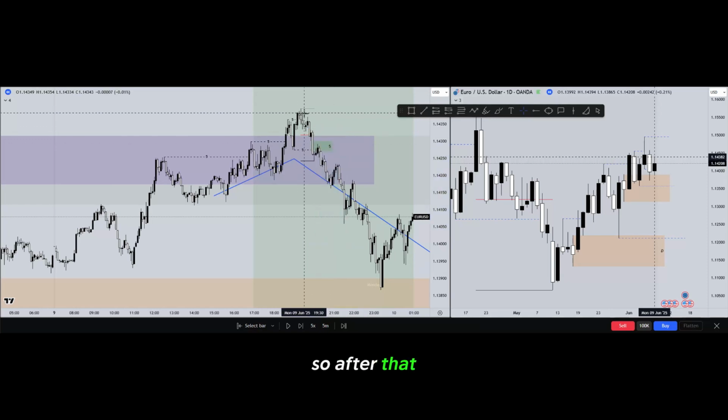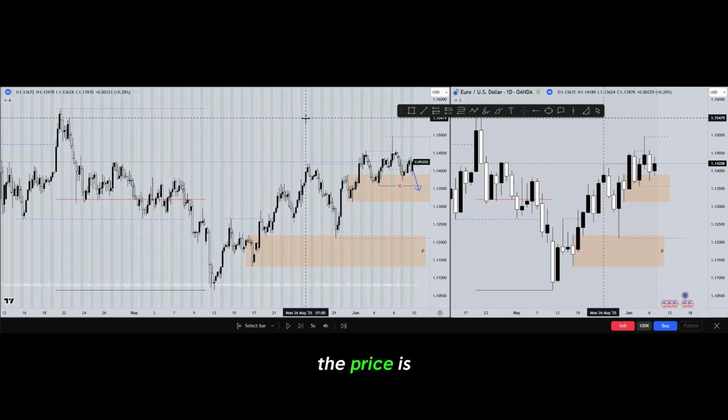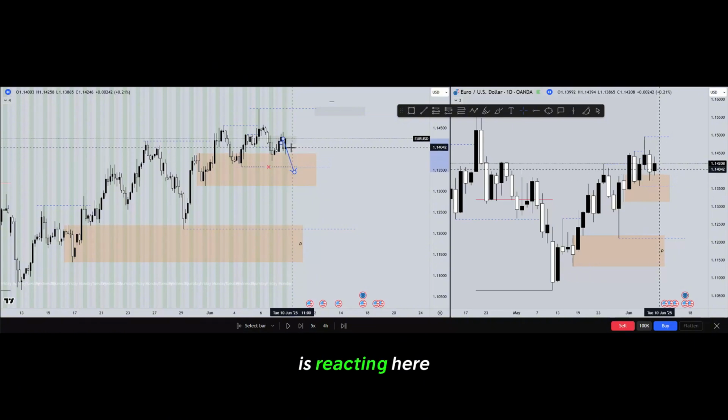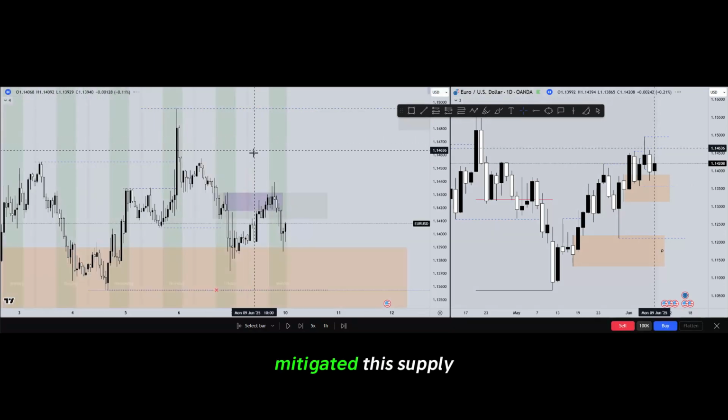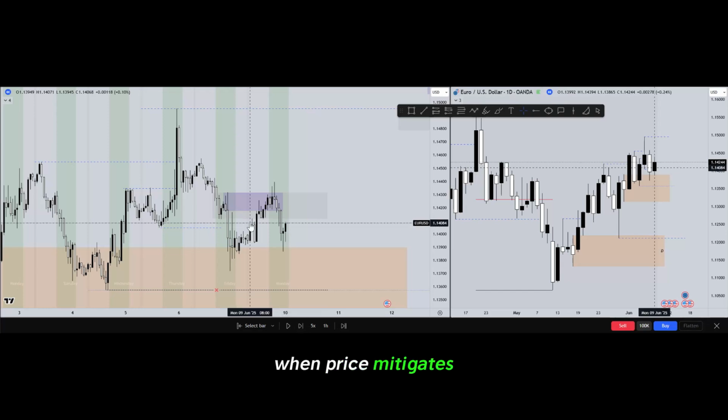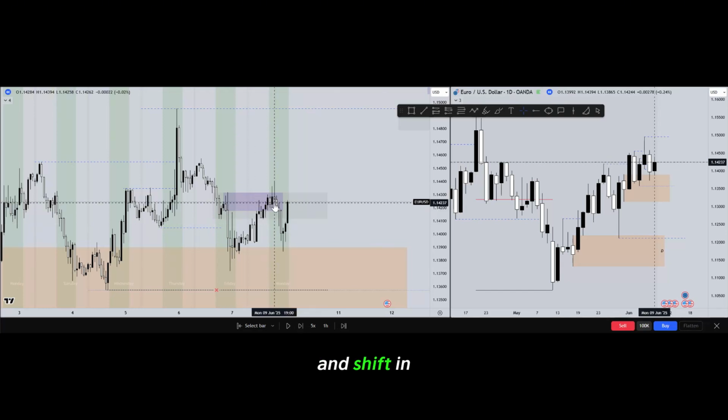After that, in the 4 hour, let's see how the price is reacting here. We'll go through the 1 hour. See, price has mitigated this supply zone here. When price mitigates this higher time frame supply zone and shifts its structure, our expectation would be the continuation of this new trend.